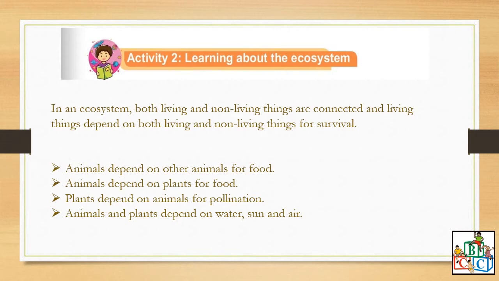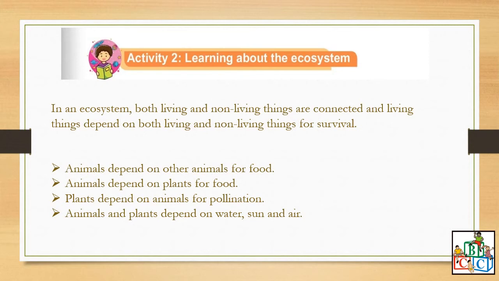As we just read, in an ecosystem, both living and non-living things are connected, and living things depend on both living and non-living things for survival. For example, animals depend on other animals for food.